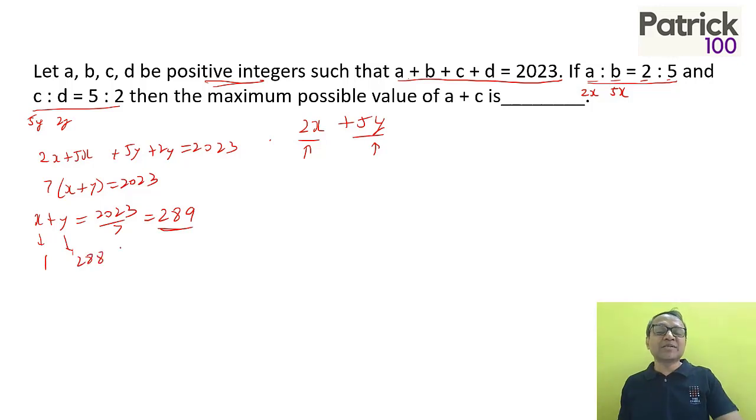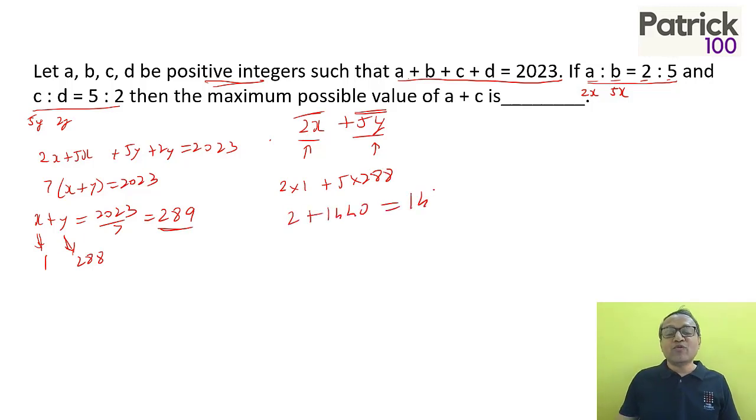So whenever you want to maximize something, you minimize everything else. Since you want to maximize 5y, you minimize x. Maximum of y is 288, minimum of x is 1. Substitute: 2 into 1 plus 5 into 288, which is 2 plus 1440, which gives you 1442. That's the answer.